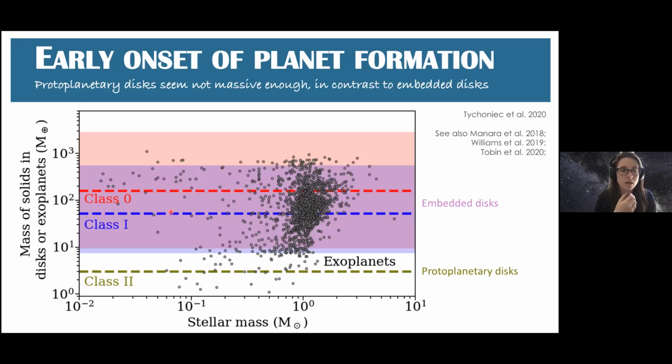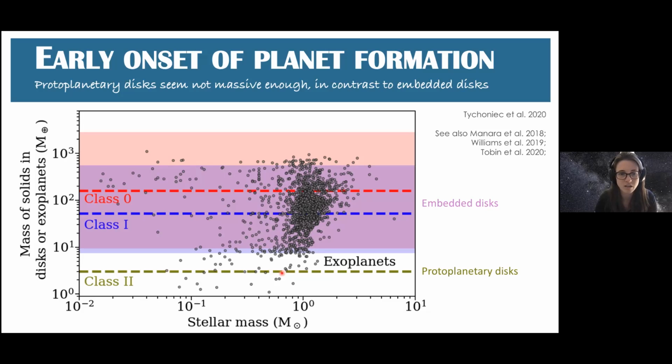But also, if you look at the mass available in disks and compare it to the mass that we see in exoplanet systems, it hints at early planet formation. These dots show the mass in solids in exoplanet systems, and these lines are the median masses that we see in disks. This bottom line is the median mass of these class 2 protoplanetary disks, and you can see that it's lower than the majority of the exoplanet systems that we see.